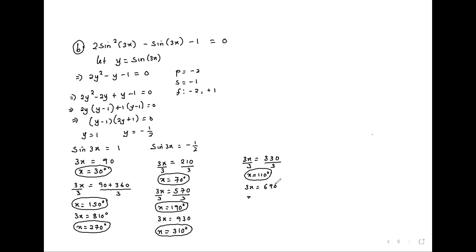Then divided by 3, we'll get 230. Then again, 3x is equal to 1050. And then divide by 3. That will be 350.